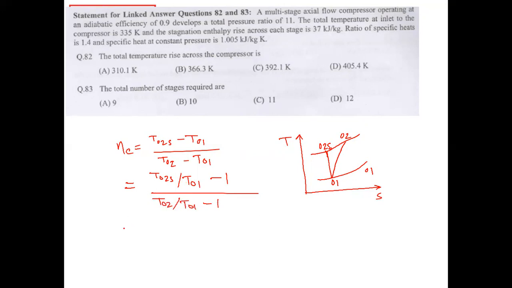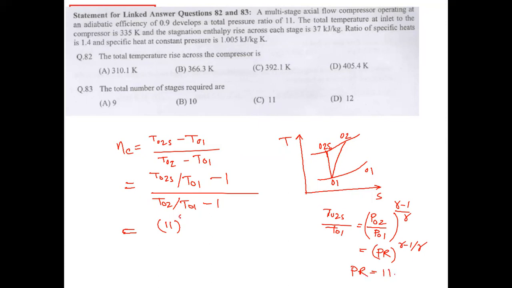And from the isentropic relation, TO2S by TO1 can be written as (PO2 by PO1) to the power (gamma minus 1) by gamma, and this PO2 by PO1 is nothing but the pressure ratio, which is given as 11.